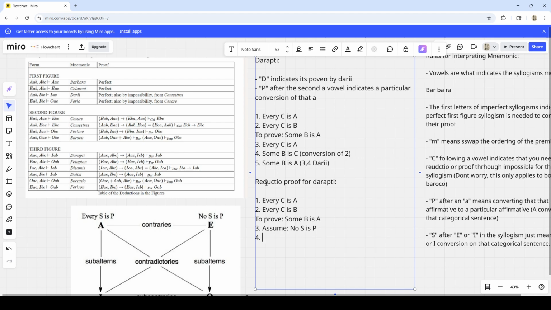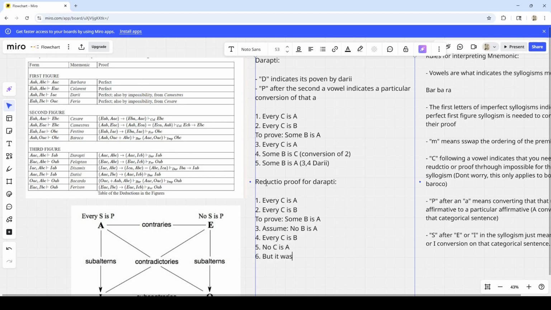So assume that no B is A, but every C is B, and then we can logically conclude therefore that no C is A.